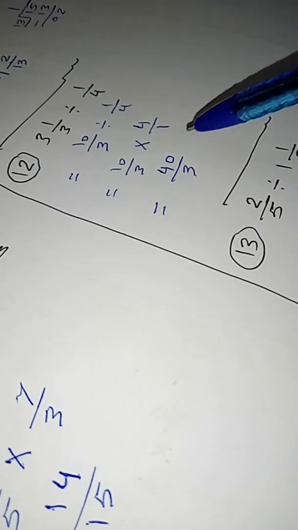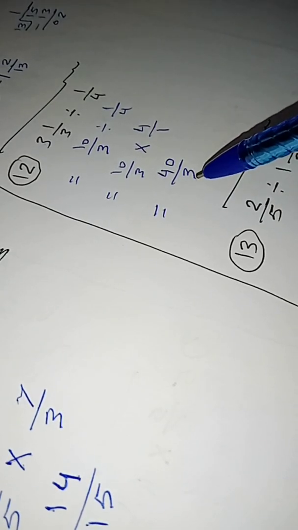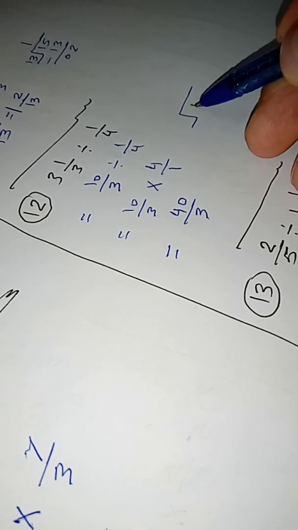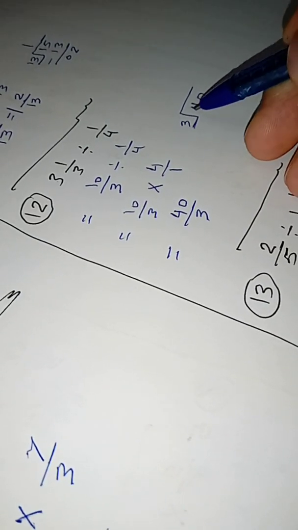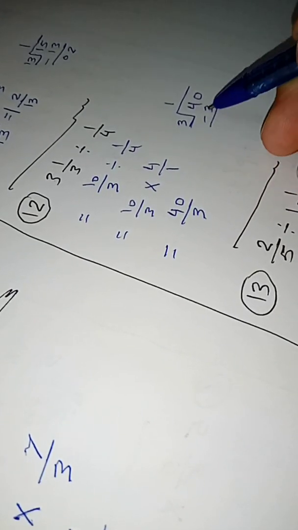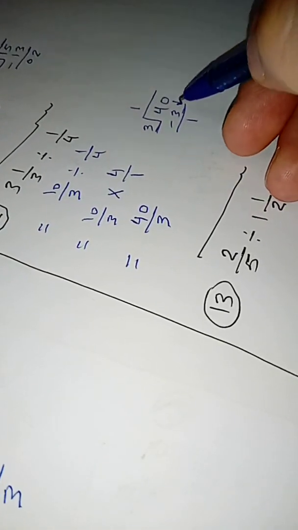Here I can change from fraction to mixed number because the numerator is greater than the denominator. Use long division here. This is 40 and this is 3. 4 divided by 3 will be 1. 1 times 3 will be 3. 4 minus 3 will be 1. Drop 0.